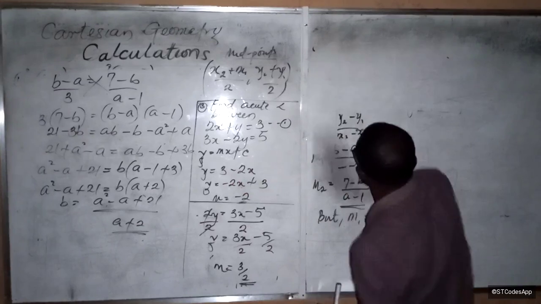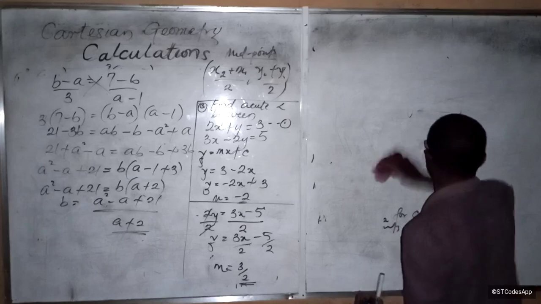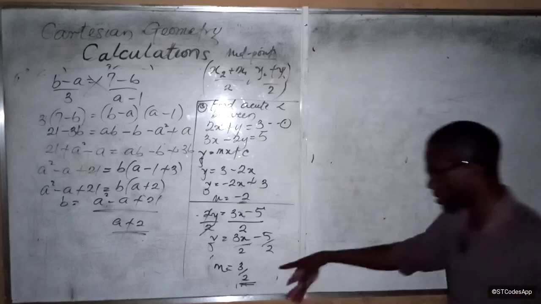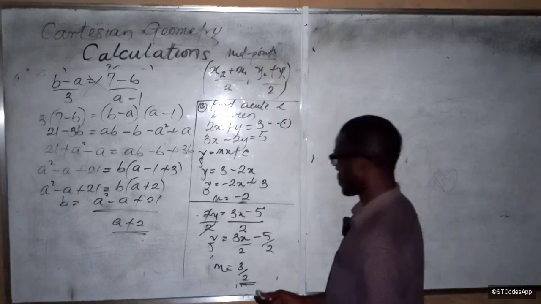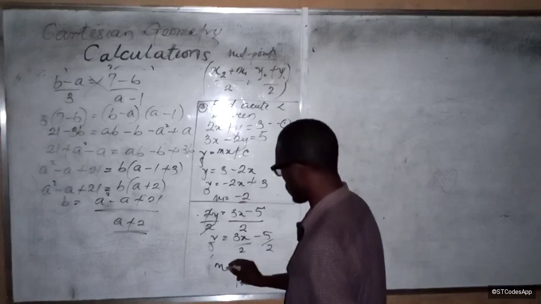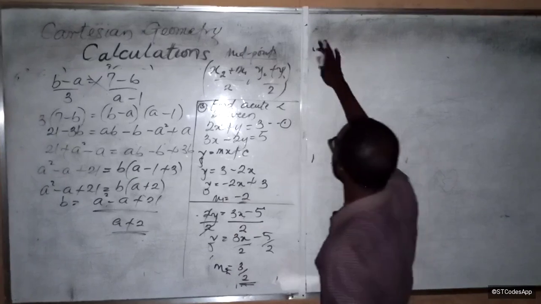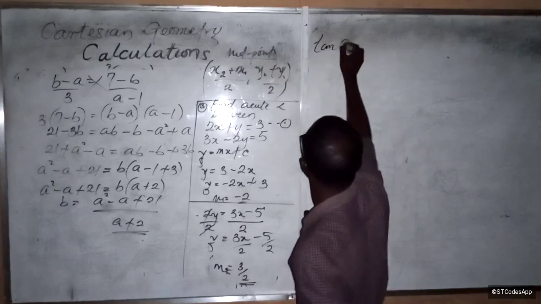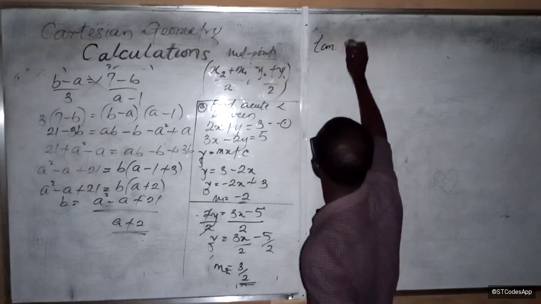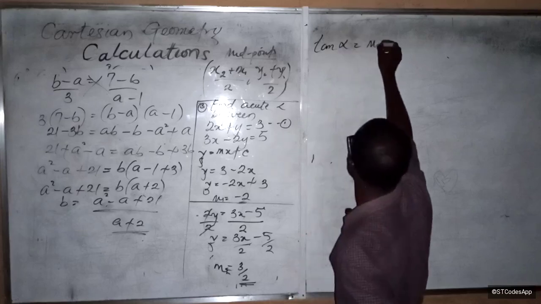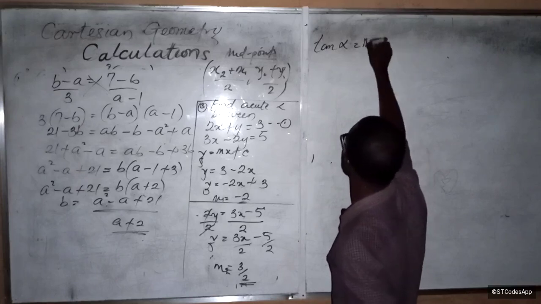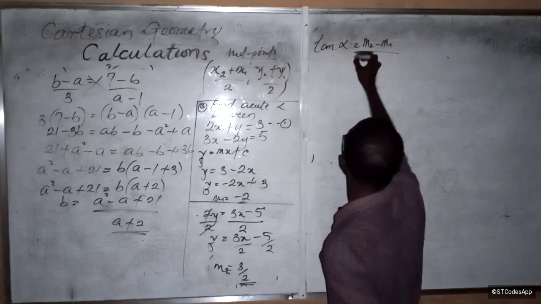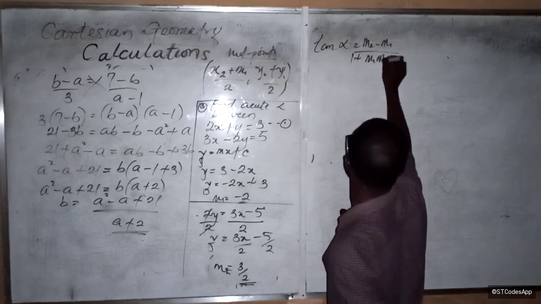So we can now further say that since our m1 is this, and m2 is this. Remember that tan alpha, I think it was alpha we used, is equal to m2 minus m1 over 1 plus m1 m2.